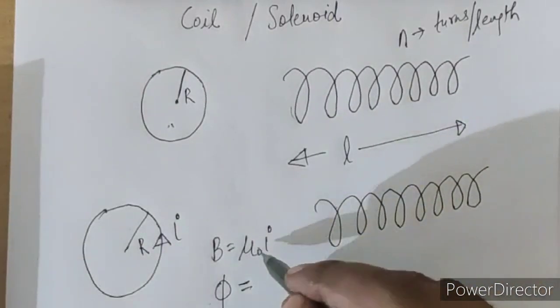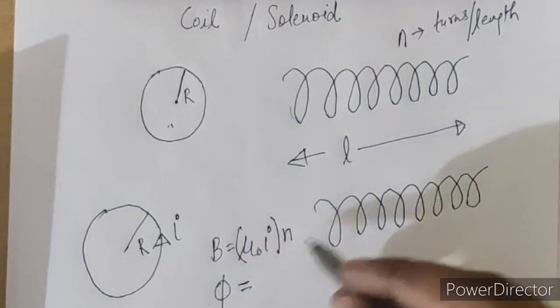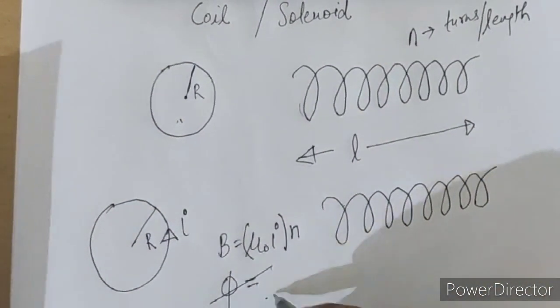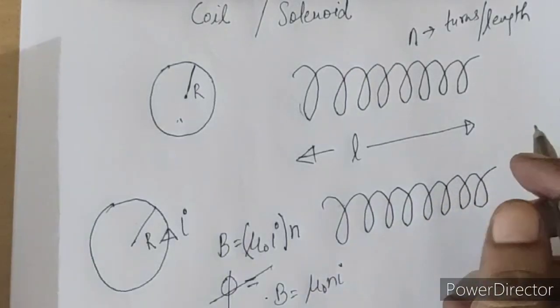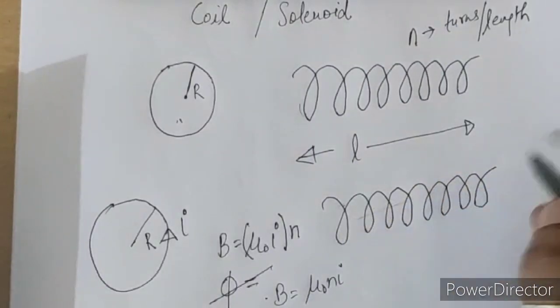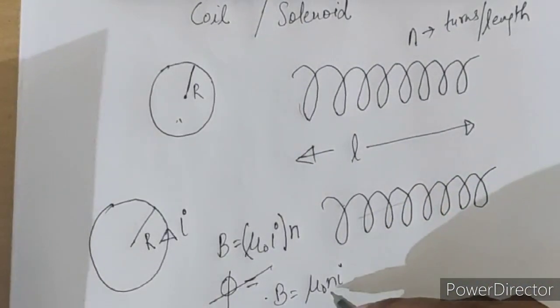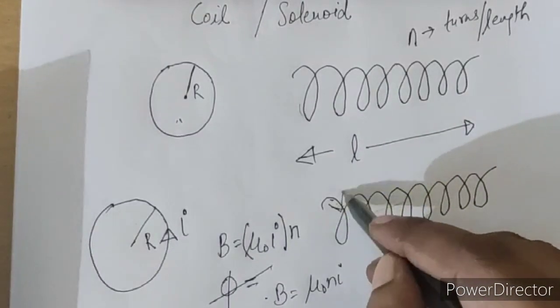So instead of mu naught I, this will be mu naught I times n. Basically B is equal to mu naught n I. So this is the magnetic field inside this, where n is the number of turns per unit length and I is the current flowing in this wire.